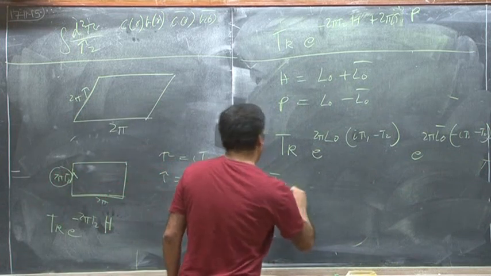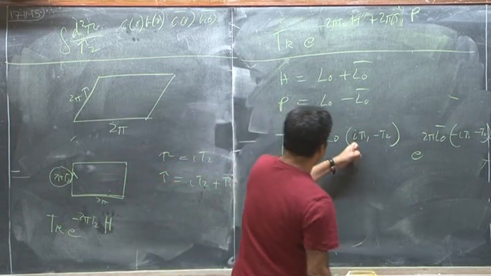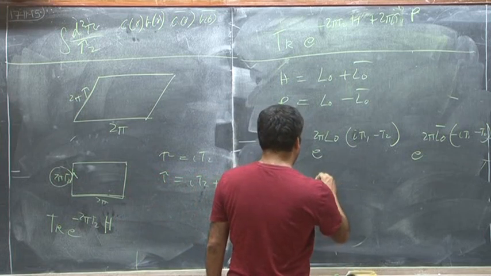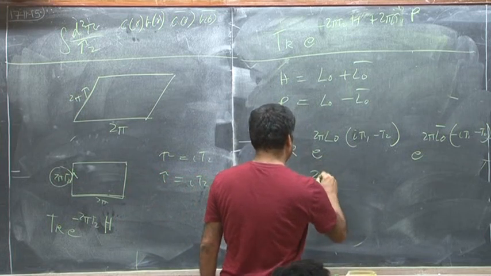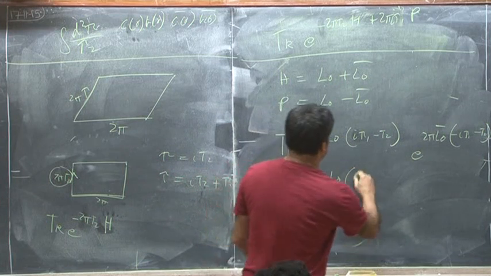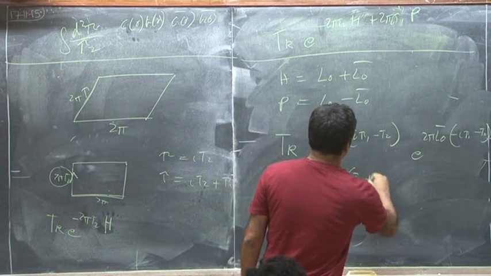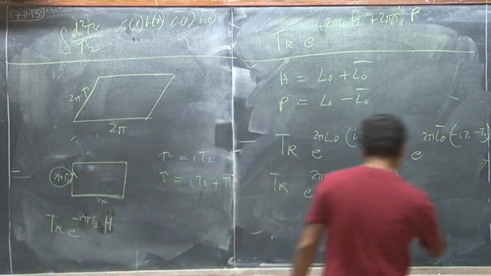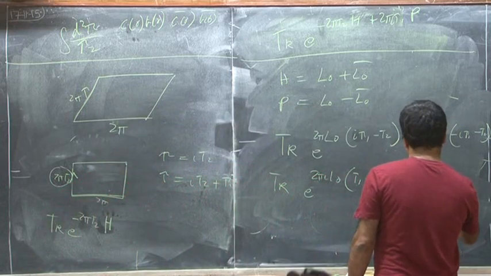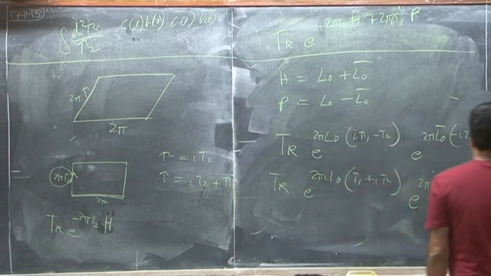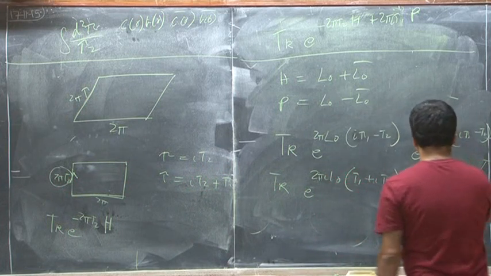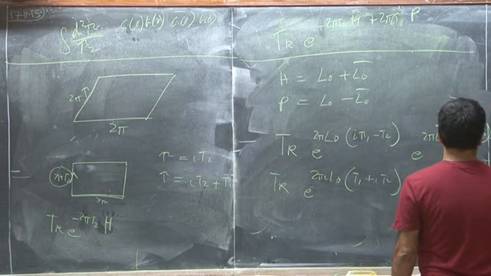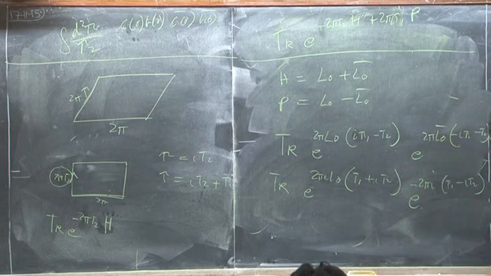We write this as the trace of e to the power 2 pi i (tau1 plus i tau2) L0 and e to the power minus 2 pi i (tau1 minus i tau2) L0 bar.